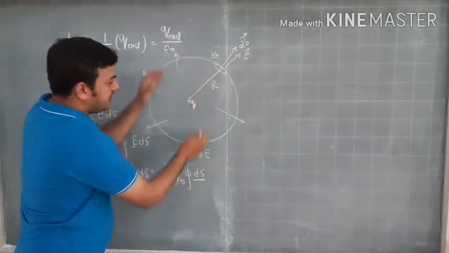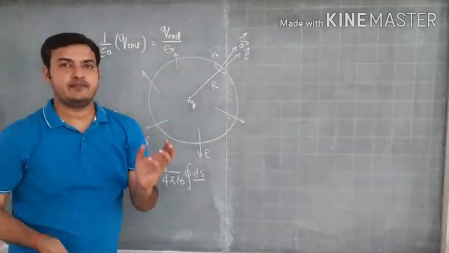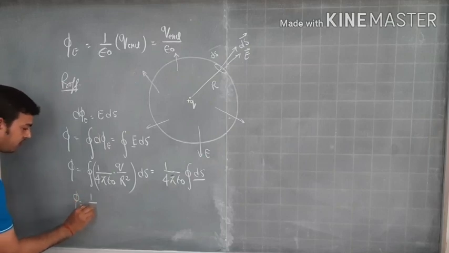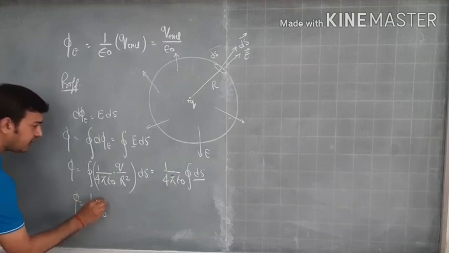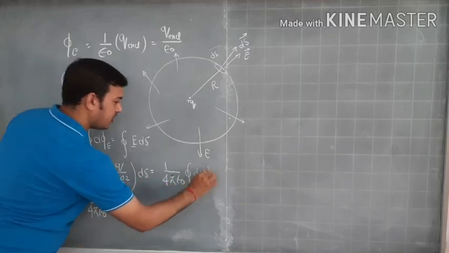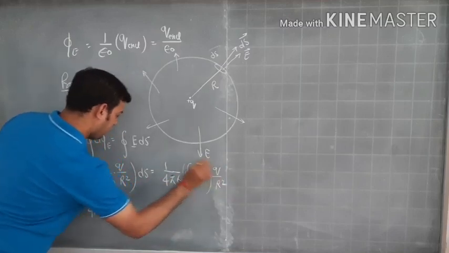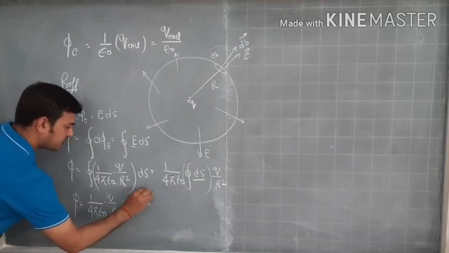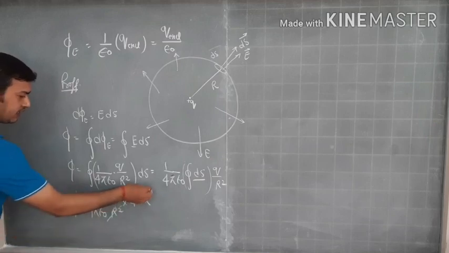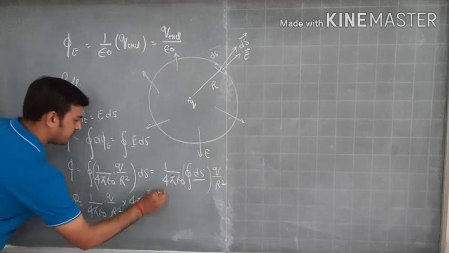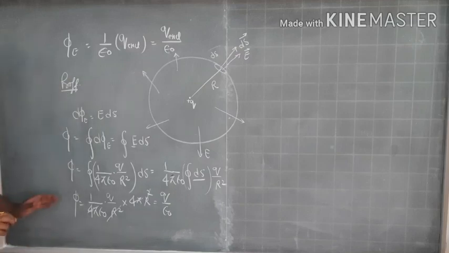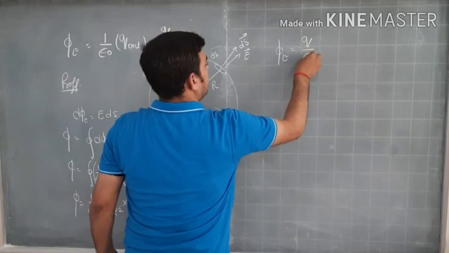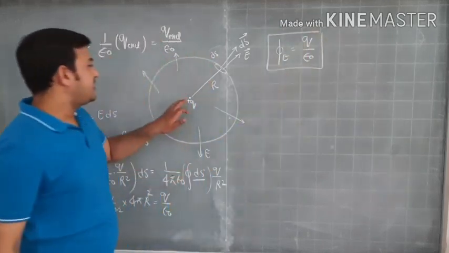It means the integration will provide me the total surface area of this spherical shell, and we know that the total surface area of a spherical shell is 4 pi r square. So if you can see, r square cancels with r square, 4 pi remains, and the left term is q by epsilon naught. So my net flux through this spherical surface is 1 by epsilon naught times the net charge inside this body.